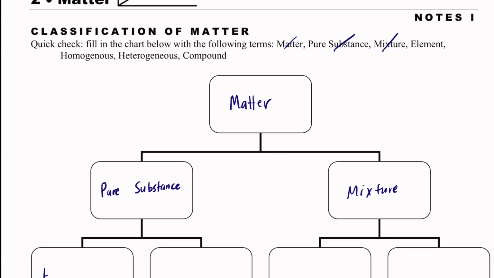One is an element, and the other is a compound. And we're going to define those on page 6 here in just a second. And then a mixture could be broken down into a homogeneous mixture or a heterogeneous mixture.